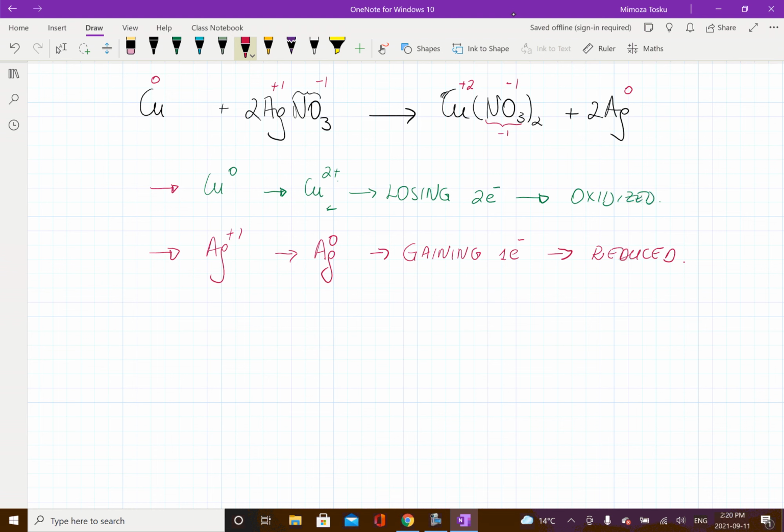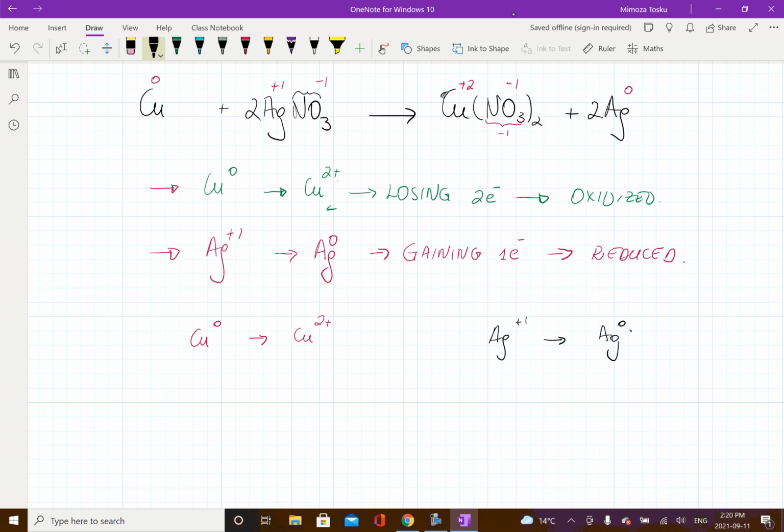So when we are writing the half reactions, we include only the elements whose oxidation number is changing. The first half reaction will be copper from 0 becoming copper 2 plus. And the other one is silver from plus 1 becoming 0.